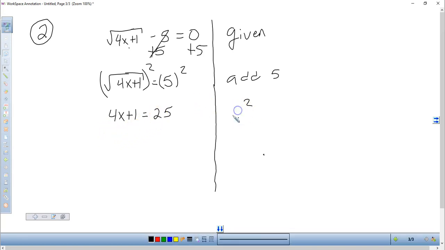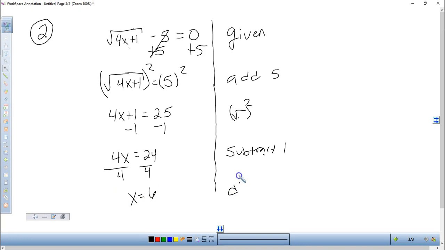Or actually, better yet, I'm going to put radical squared. Okay, solving, subtract 1. And divide by 4. So I should get x is equal to 6.